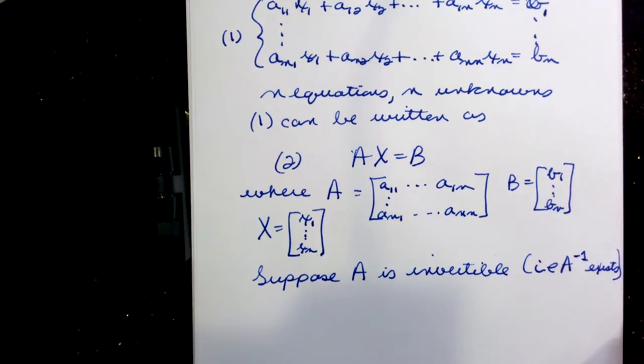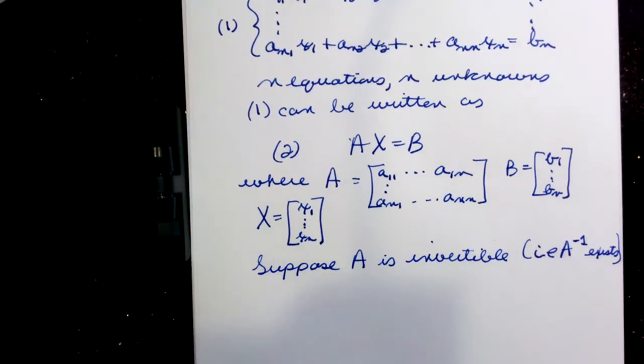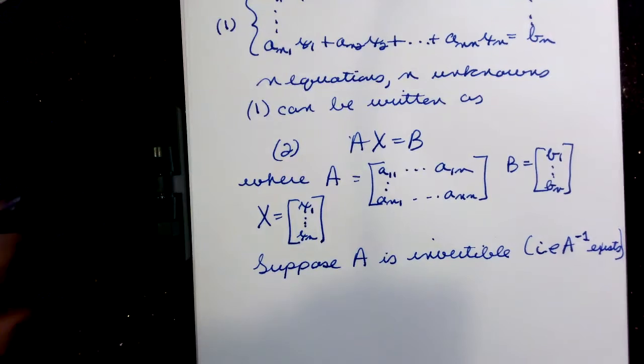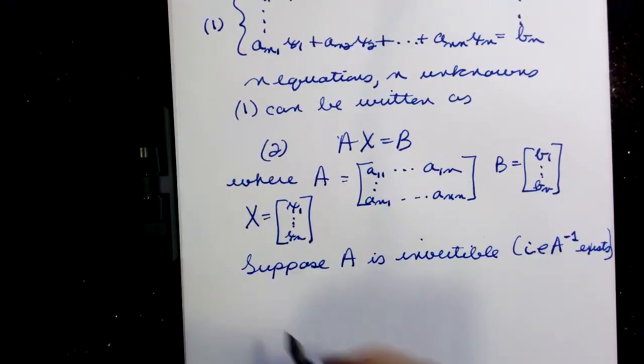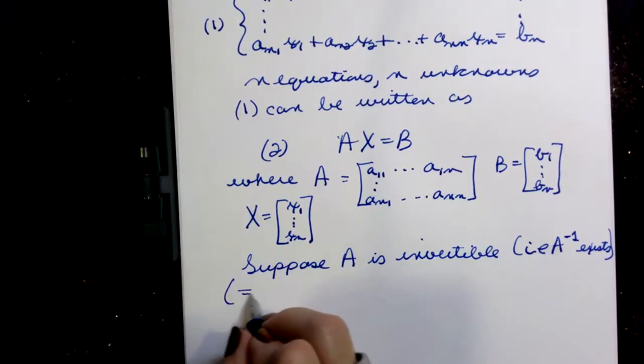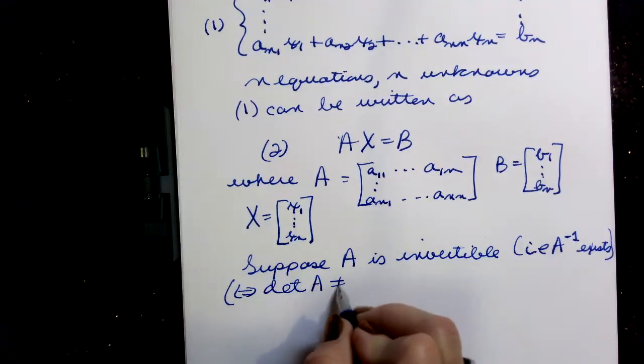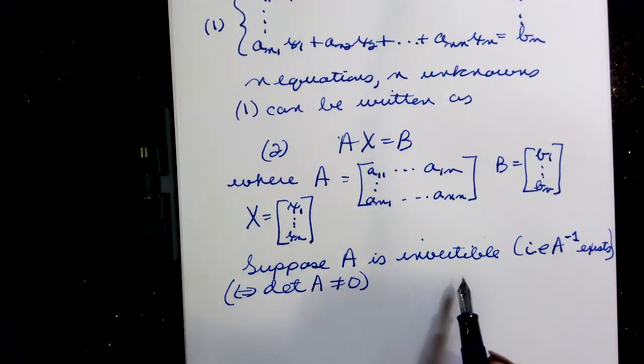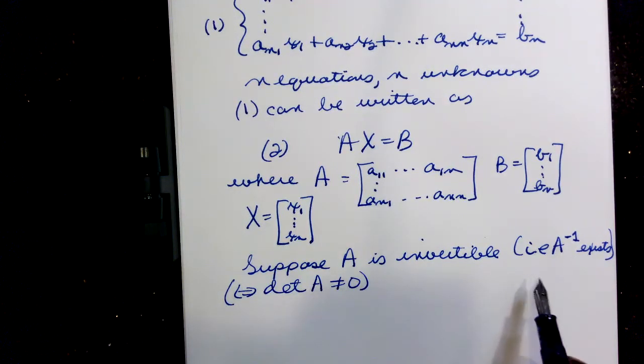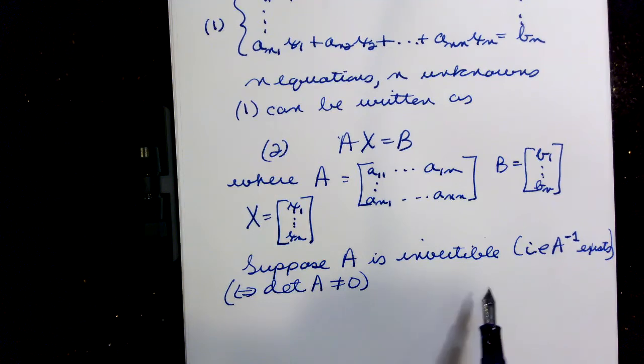And when does A inverse exist, by the way? A inverse exists exactly when the determinant of A is not equal to 0. So A is invertible means A inverse exists, and for A inverse to exist, you need the determinant of A to be non-zero.